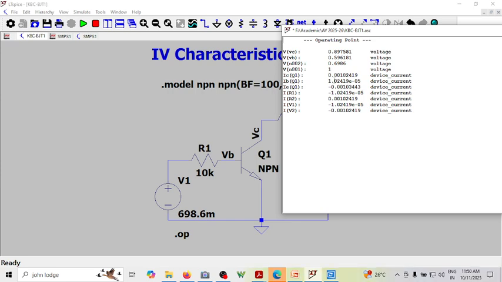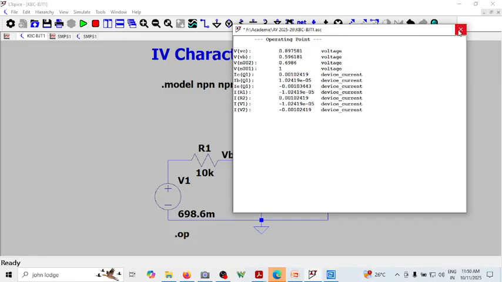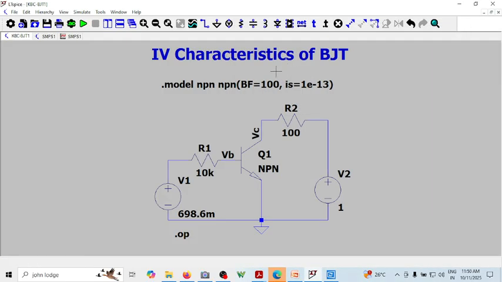So what we are trying to understand here is that we did a simulation with the beta factor of this BJT as 100 and its reverse saturation current as 1 into 10 to the minus 13. Now I'm trying to have a voltage at this point so that VBE is 598.6 millivolts, so that it results in a current of 1 milliampere.